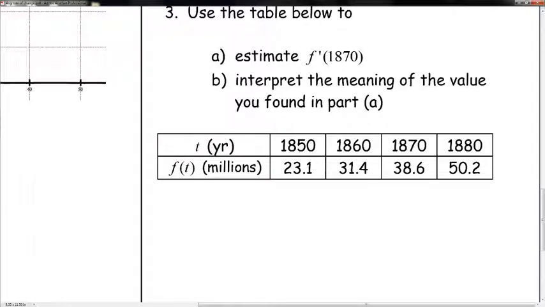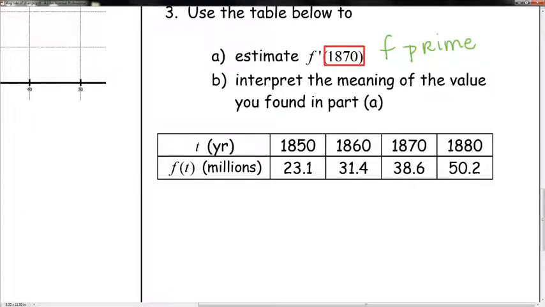F prime essentially means what is the slope at that point. If I was going to draw a tangent line there, what would the slope of that tangent line be? Again, remember, a tangent line hits this point and only this point once.